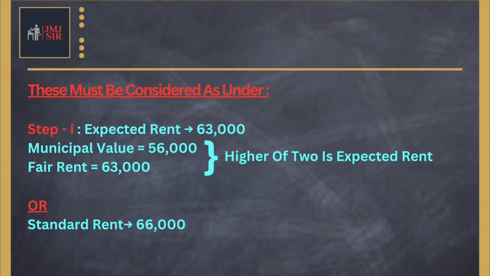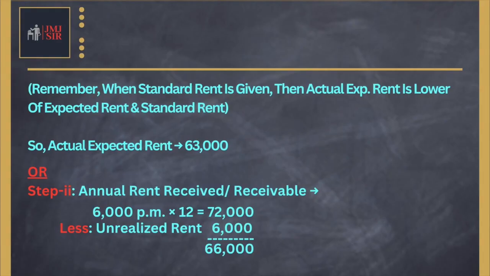But in this example, together with the expected rent, the standard rent also is given, which amounts to rupees 66,000. Remember, when standard rent is given, the actual expected rent is to be taken as the lower of the expected rent and the standard rent. So, actual expected rent now is rupees 63,000.